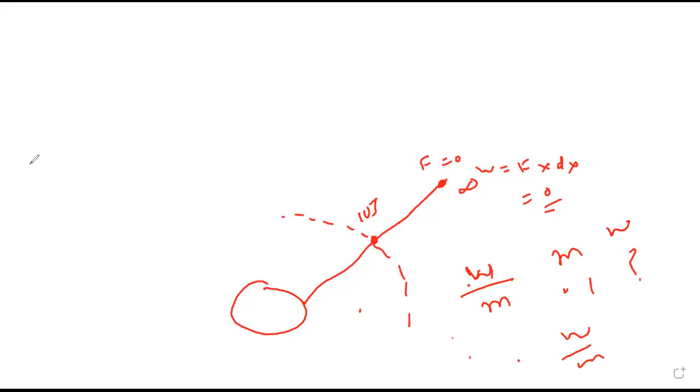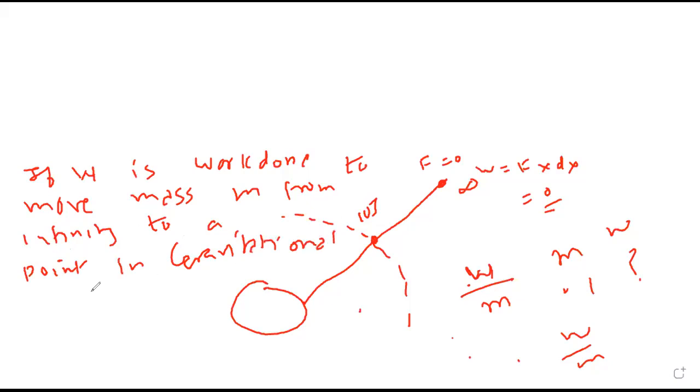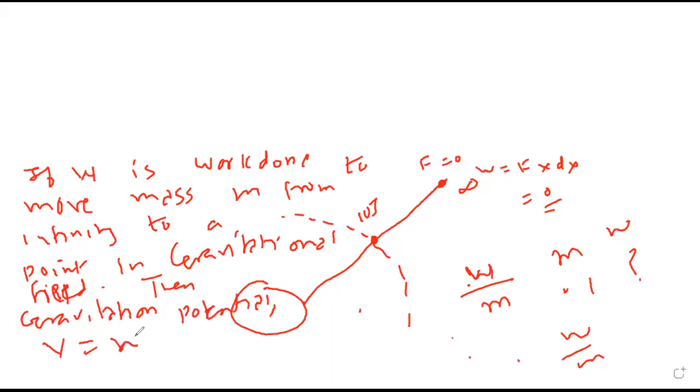Clear? Yes, sir. Now, if W is work done to move mass m from infinity to a point in gravitational field, then gravitational potential, V equals W upon m.